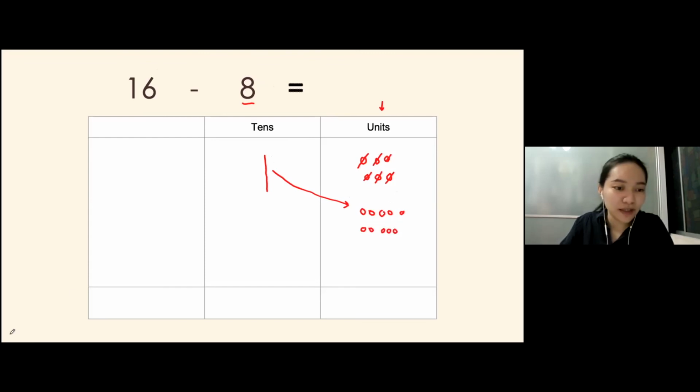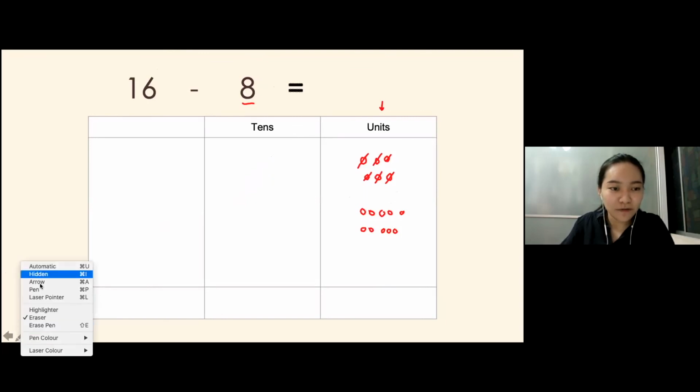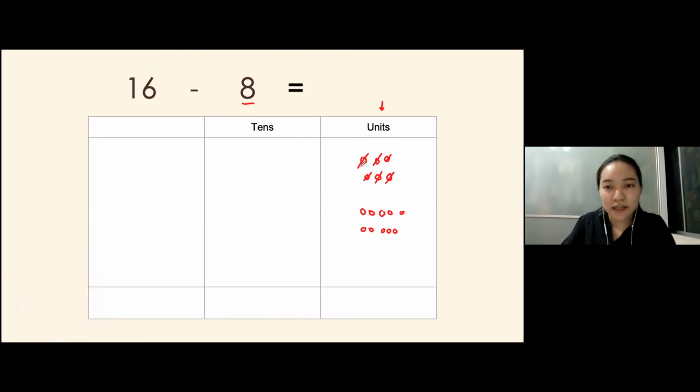So we have 10 here. So this 10 has turned into ones here. So let's erase it. Okay, now I have enough. Just now I took away 1, 2, 3, 4, 5, 6, 7, 8. Okay, now I have taken away 8 already. How many left? 1, 2, 3, 4, 5, 6, 7, 8. So I know that 16 take away 8 is 8.